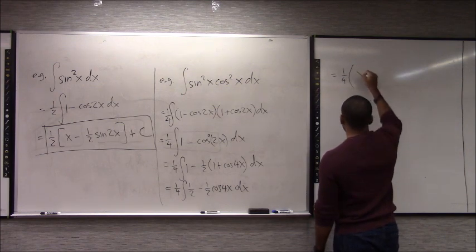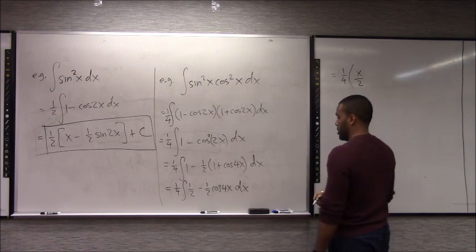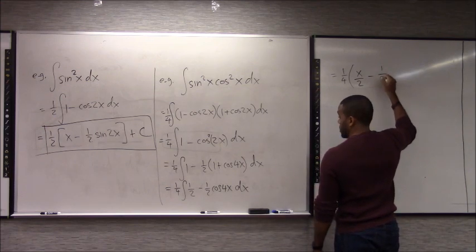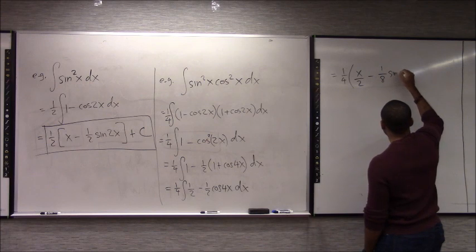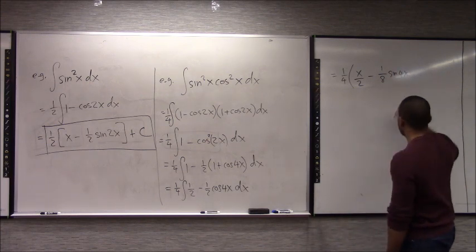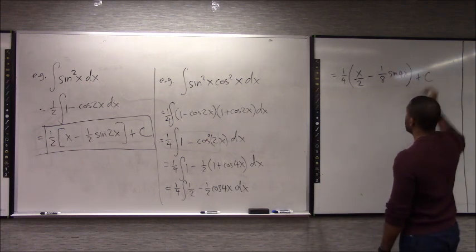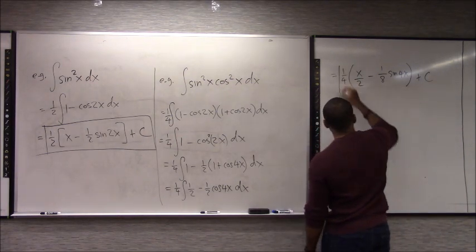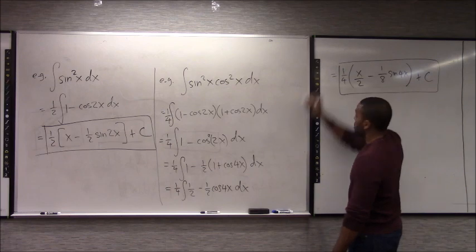Integrate 1/2, you get 1/2 times x. Integrate this, you're just going to divide by the 4, so that's 1/8 sine 4x. That's your integral there.